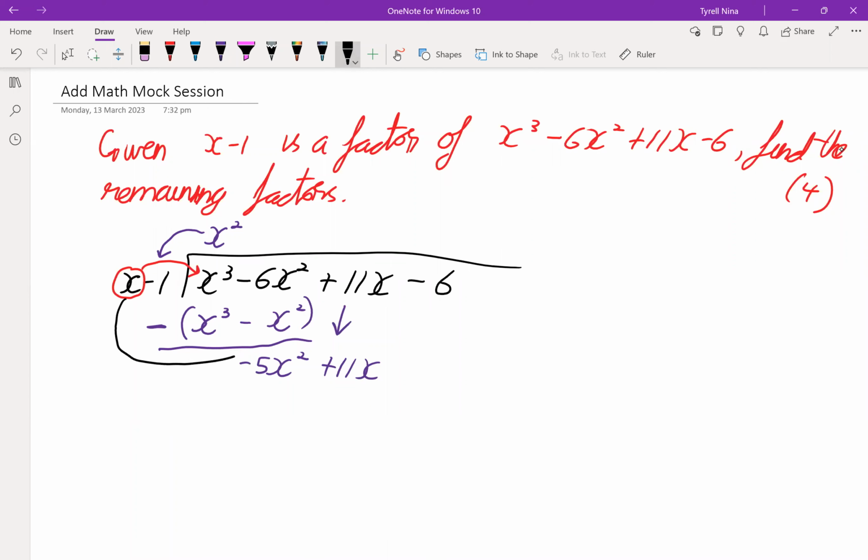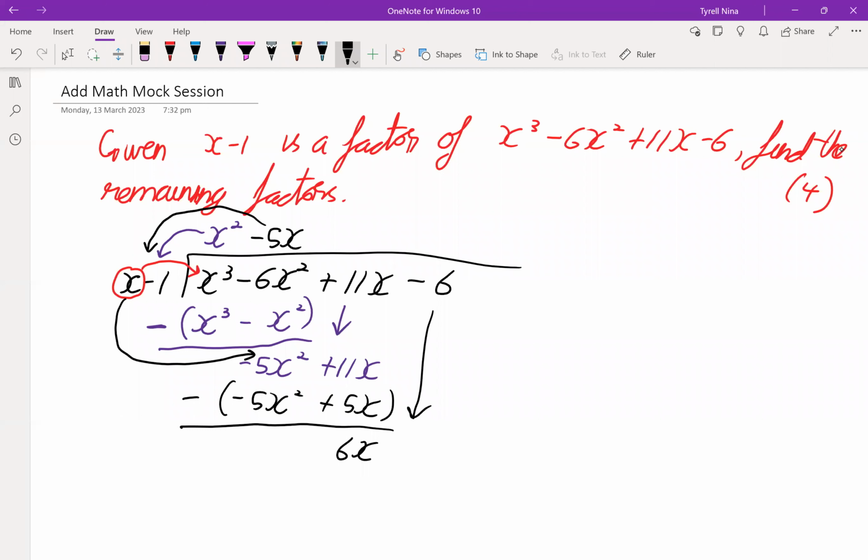X into minus 5x squared. It's minus 5x. Like this. Gives me minus 5x squared plus 5x, put it in brackets, minus. 5x squared minus 5x squared is 0. 11x minus 5x is 6x.